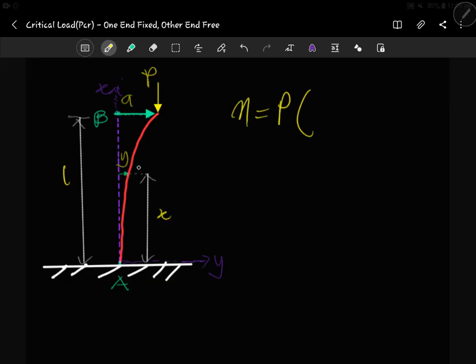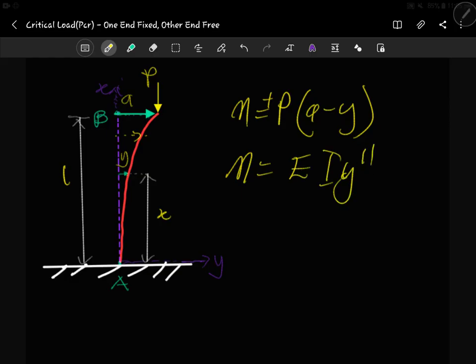Because we are getting the distance up to this convex curve here, which is the deflection, it becomes a positive distance, not negative. The distance we are trying to get is actually A minus Y. And this moment M we know to be EI Y second derivative.